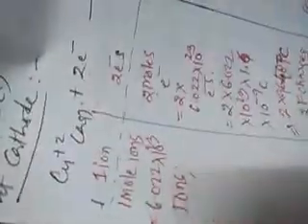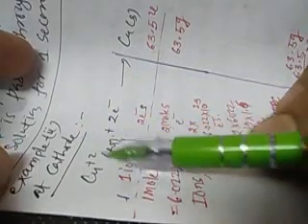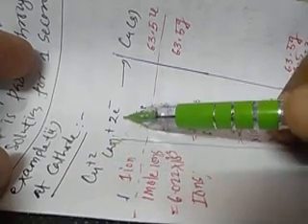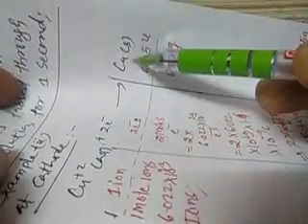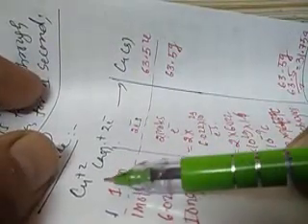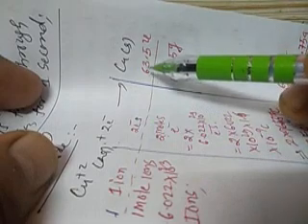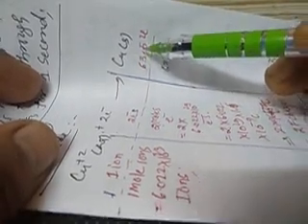Now we'll go and understand the second example. Second example is for copper. So at the cathode, suppose we have copper deposited, then Cu2+ takes 2 electrons and turns into Cu solid. Now if you take one ion of Cu, you will need 2 electrons, and then 63.5 unified mass of copper will be deposited.